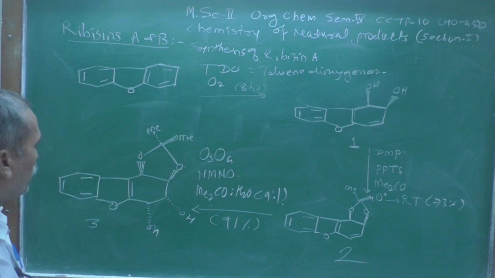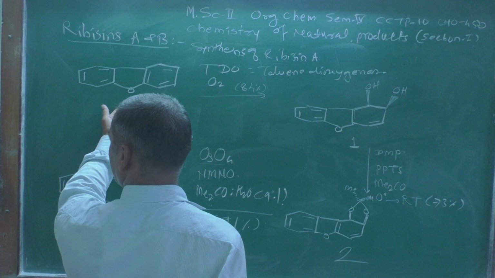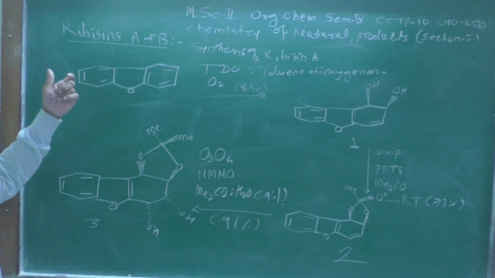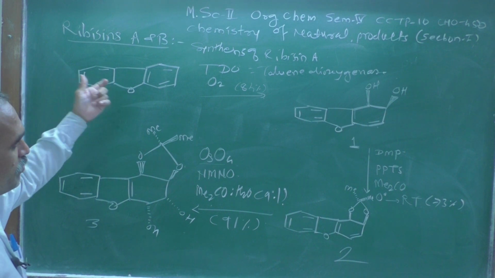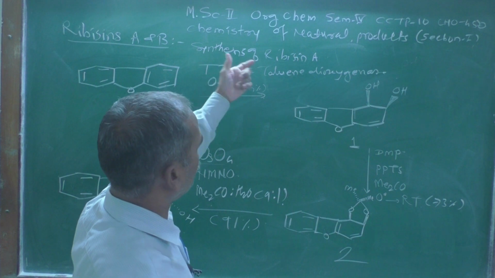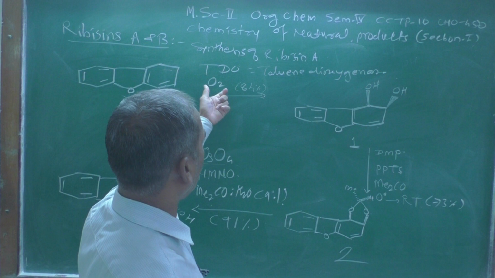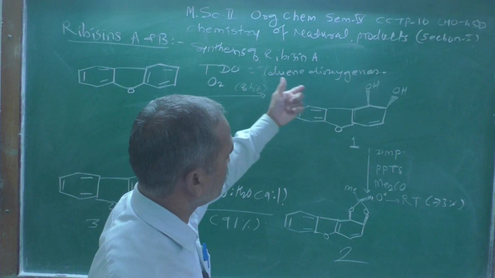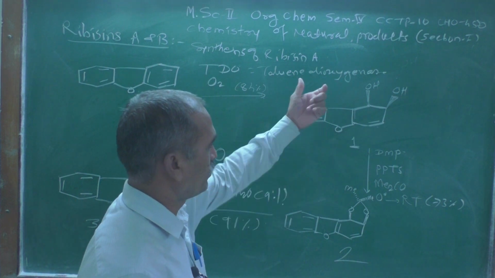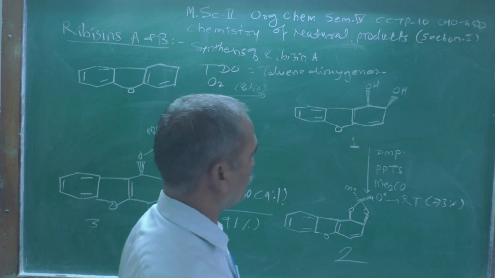This is structure number 3, starting from the starting material or precursor, which is dibenzofuran. Adding TDO, toluene dioxygenase, the biocatalyst gives the product where we get selective cis hydroxylation.